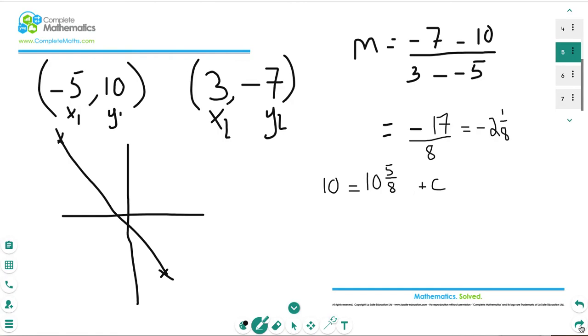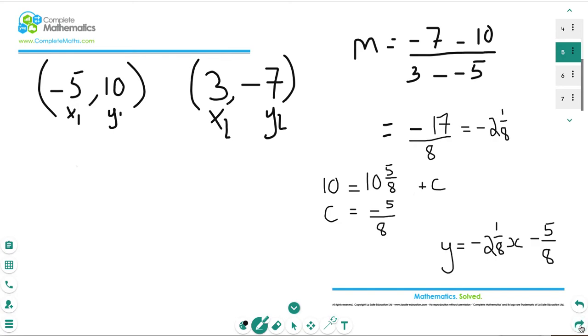At this point, we should be able to see that c is equal to -5/8. To write in the form y equals mx plus c, we have y equals minus 2 and 1/8 x minus 5/8. We can check that by substituting our second coordinate pair.